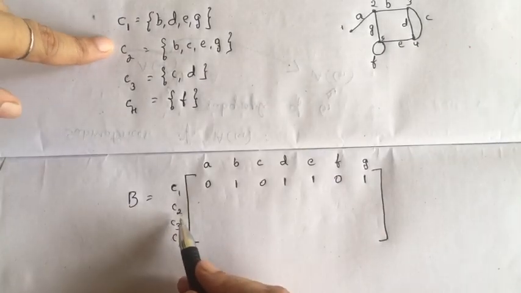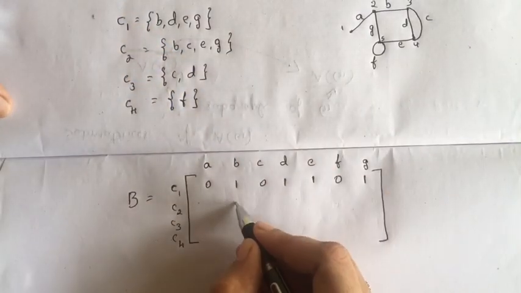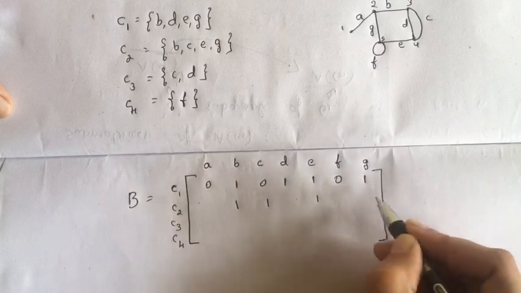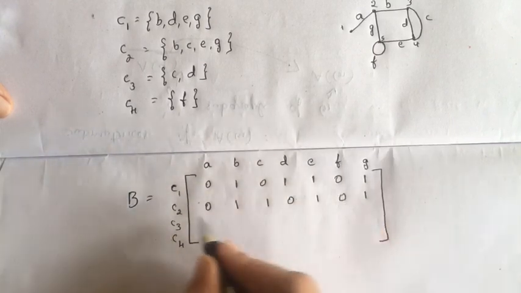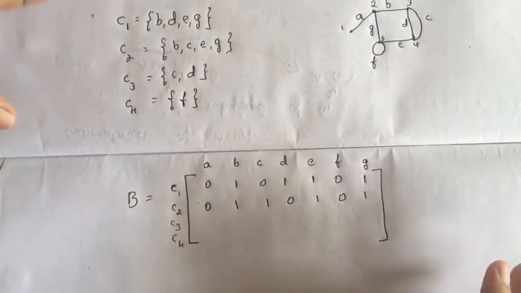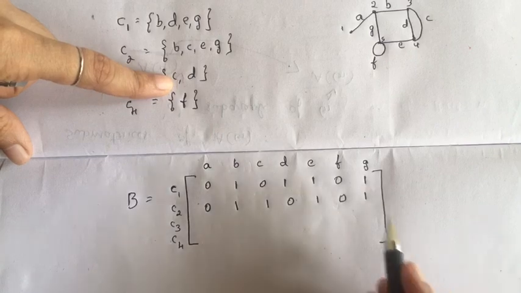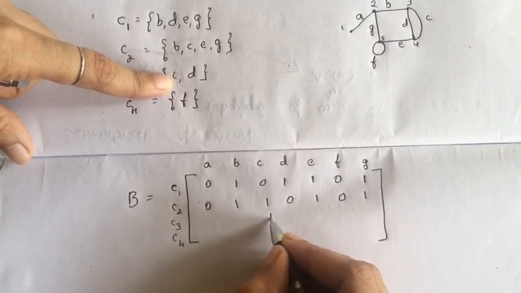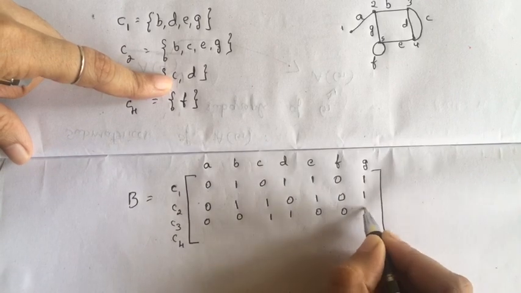Then cycle C2 includes edges B, C, E, G. Rest edges are not included in the cycle C2, therefore those entries are equal to 0. Next, cycle C3 includes C and D edges, others are equal to 0.